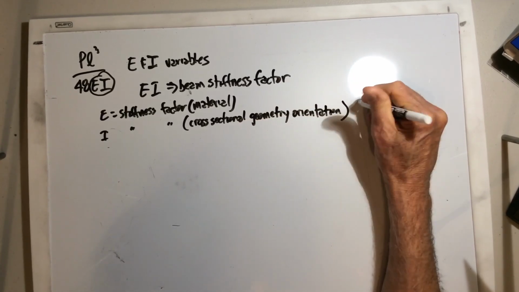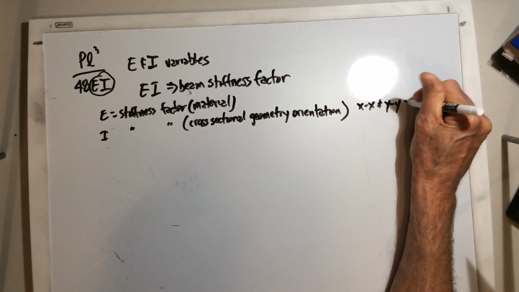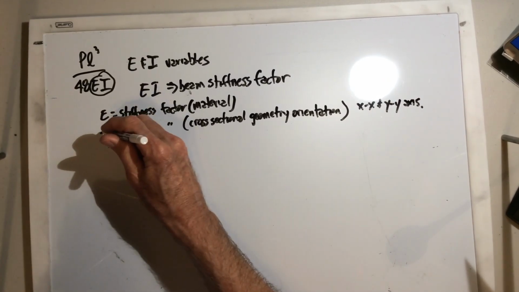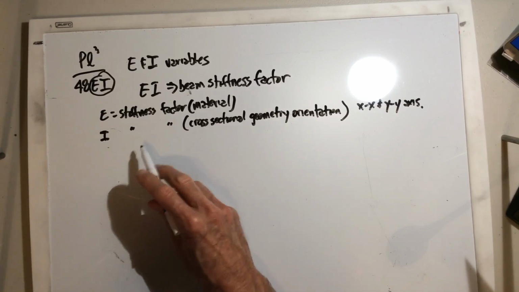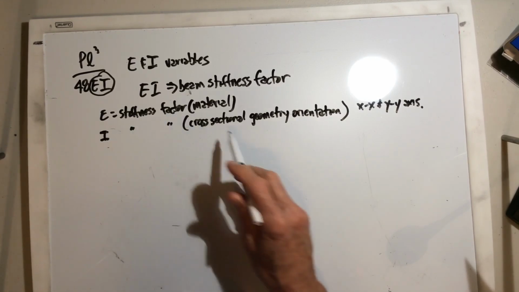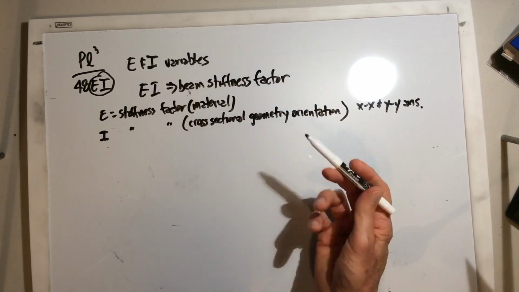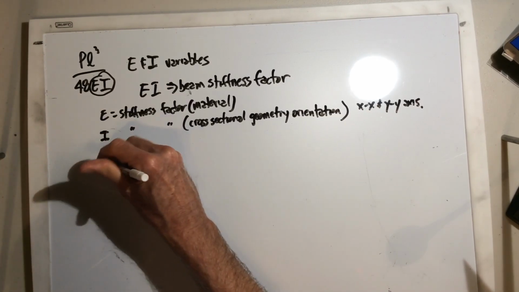That was that XX and YY axes. So this is what we can change, of course, as engineers. I is the stiffness factor for the shape geometry, and E is the material's stiffness factor. So let's look at E, for instance.